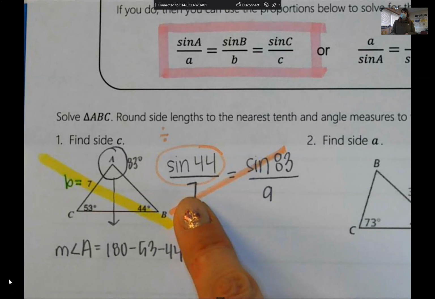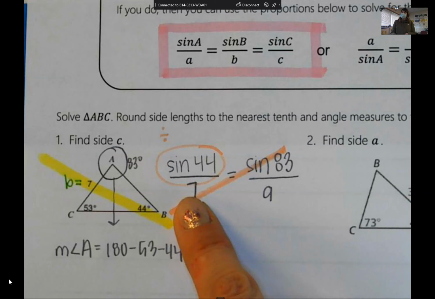One other thing to notice before we get into this is the angle and the side match. So if it's angle A, it's side A. Angle B, side B. Angle C, side C. But we need to remember that those sides are opposite.